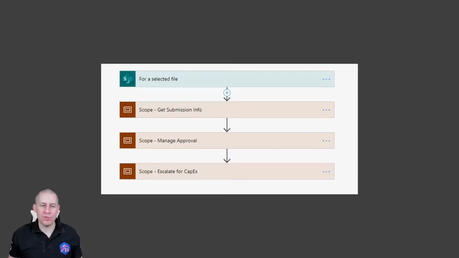I'm going to use a scope for getting the submission info, a scope for managing the approval, and a scope for escalating my CapEx. Now all of the actions for each of these sections are going to go in each of these scopes. So again, I'm focusing on that one specific objective for that part of the flow, mentally still breaking it down even further each time.